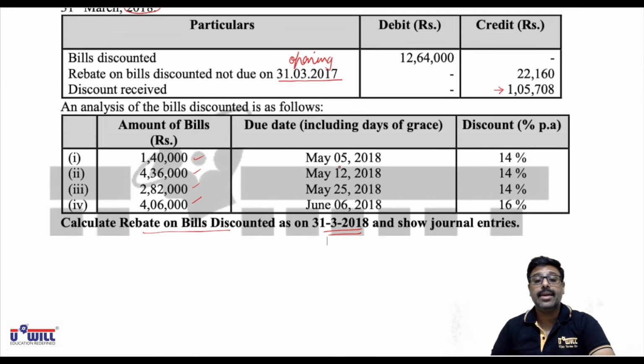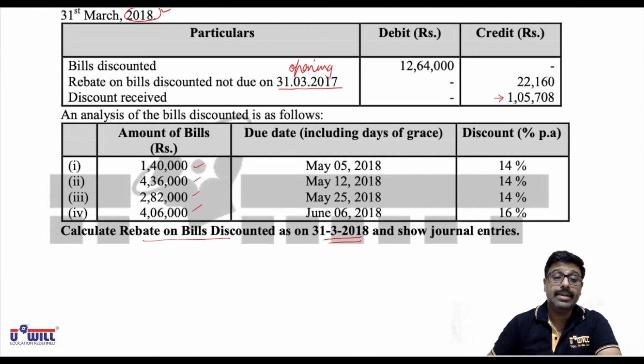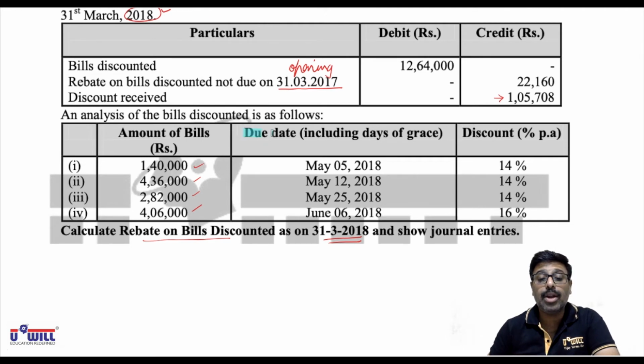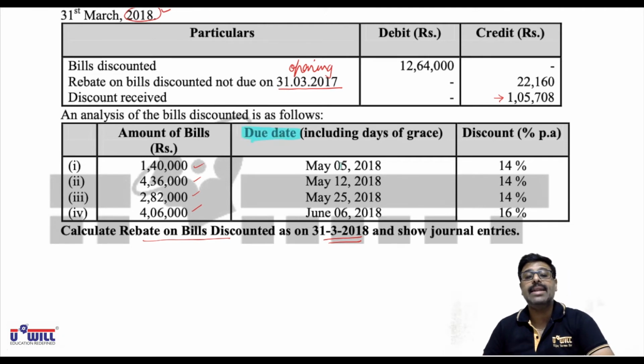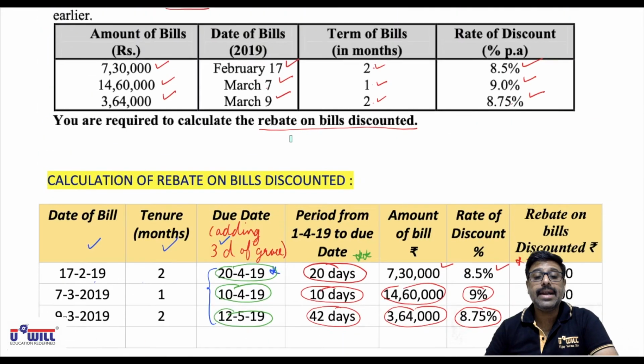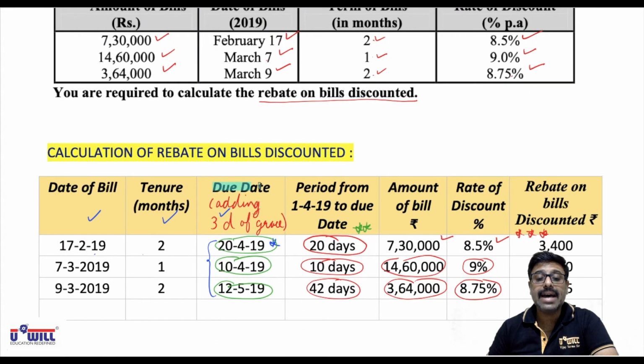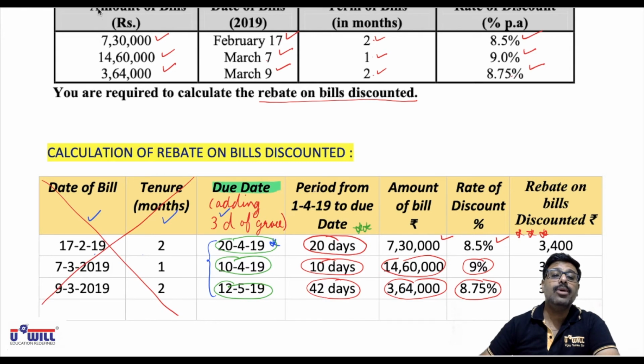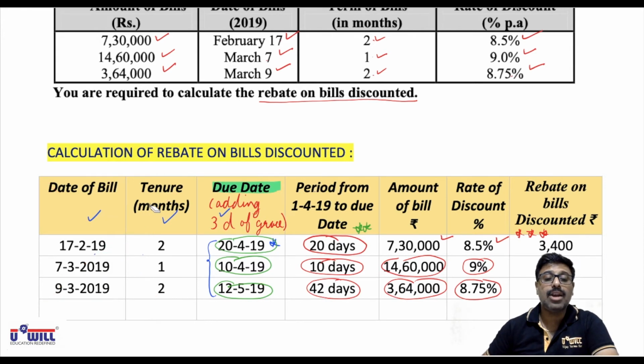Now there is one important point to be noted here: you are directly given the due date of the bill. We don't have to find that. So the first 2 columns are not supposed to be made in this question. I repeat, why are the first 2 columns not to be made?